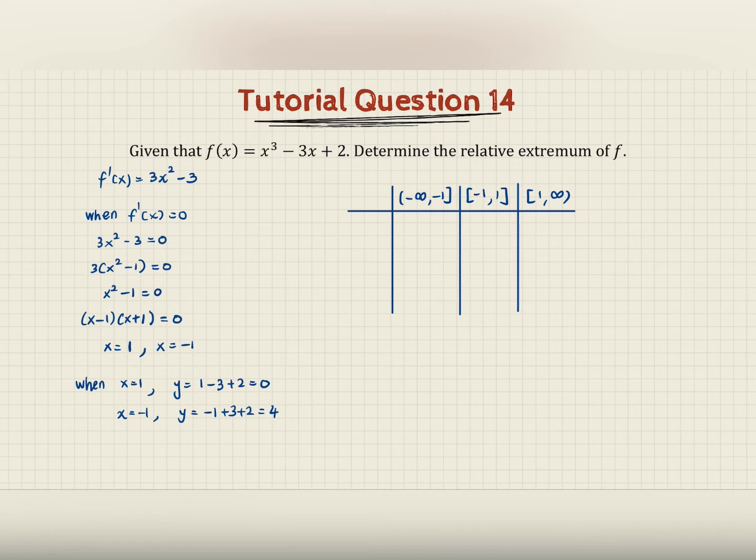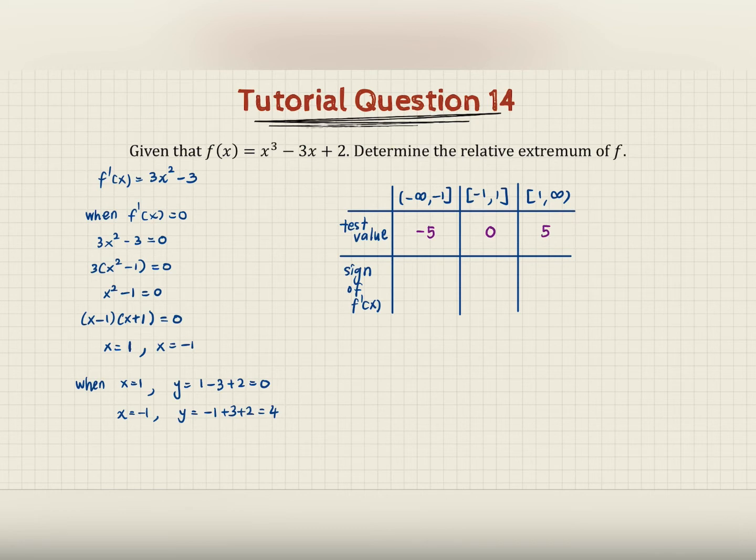So kat sini pula kita akan masukkan test value. Okay. Dan on the second row pula kita akan gantikan value of x kita tu dalam f prime x, dan kita akan check dia punya sign of f prime tersebut lah. Okay, now between negative infinity until negative 1, let's try negative 5. Okay, antara negative 1 until 1 saya masukkan kosong, 1 until infinity kita masukkan 5.